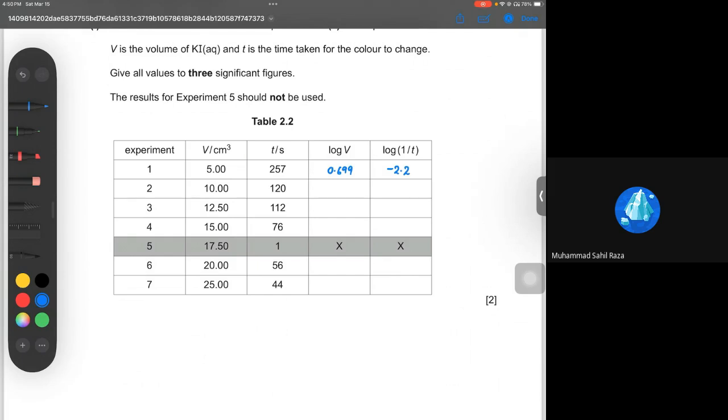Okay. Then negative 2.2 or 2.41. 2.4, 2.41. Yeah. Then experiment 2. Log 10 is 1, of course. What about log 1 over t? Negative 2.08.